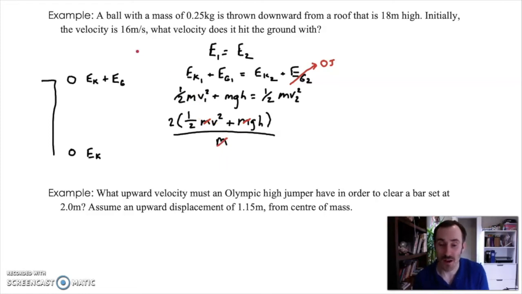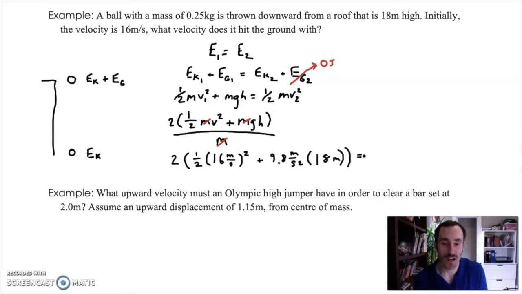So now what we end up with is 2 times a half times v squared. I'm going to put the numbers in at this point. So this v is 16 meters per second squared, plus g is 9.8 meters per second squared, and the h is 18 meters.